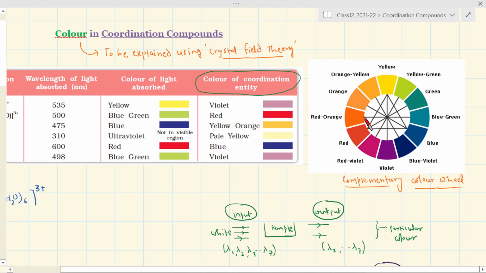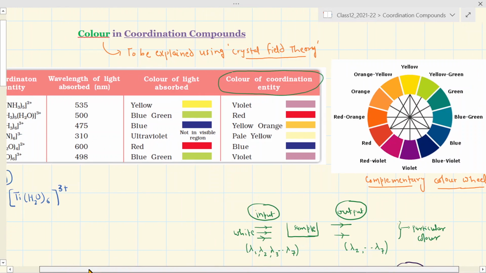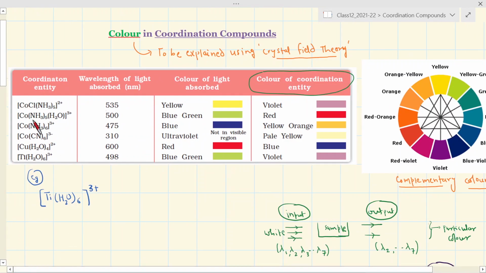Here, for example, in this table, if you look at the first complex compound, it absorbs at 535 nanometer, which is yellow, and here is the complementary wheel. If it absorbs yellow color, then the color seen as output from the complex compound will be violet.